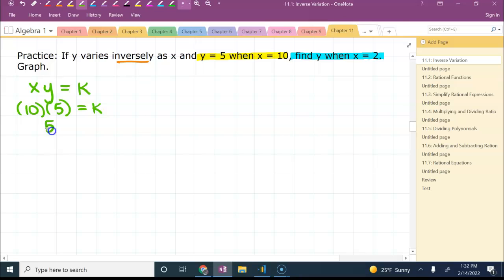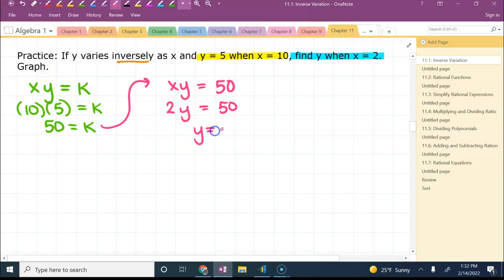So my k is going to be 50 here. Then to use that, we can say xy equals 50 instead. And they want us to find y when x is 2, so I have 2y equals 50. So I would divide by 2, so y is 25.